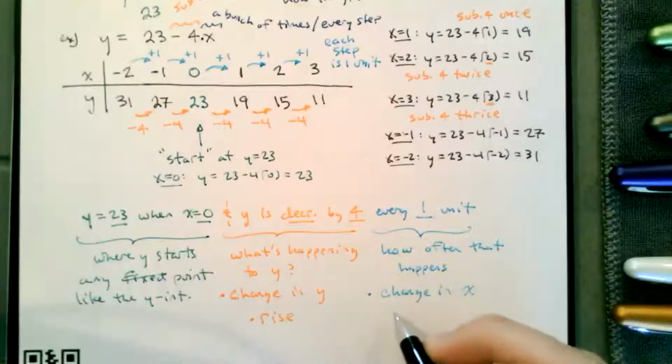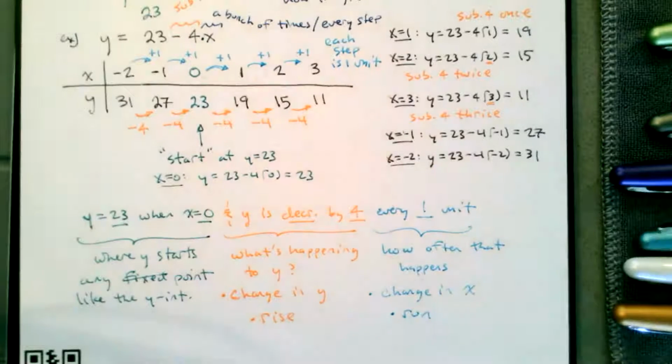And how often that happens is the change in x, which we usually call the run. And our practice is to combine the rise and the run into one number called the slope, because we can with a linear function. Looking into the future, it works out for a linear function because multiplication and addition are right next to each other. Multiplication is just repeated addition, and the change in x is addition.